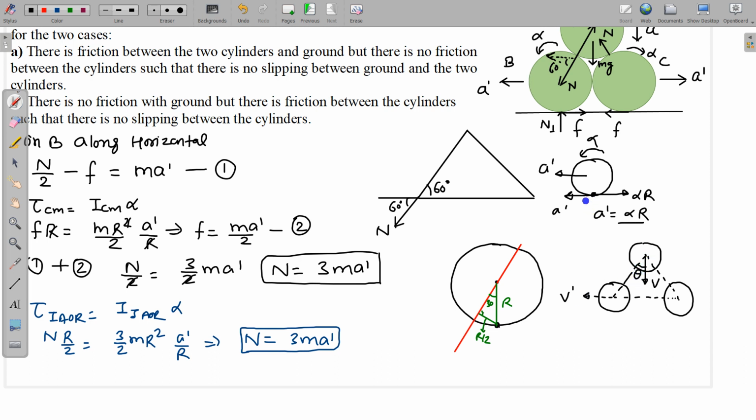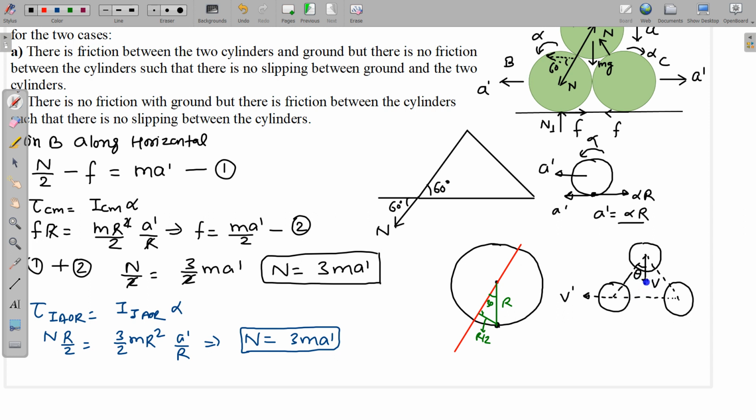This angle at the initial instant will be equal to 30 degrees, but as these are moving, this angle will change because this distance will change. So at a general instant, suppose this angle is theta, and we are supposed to find the relation between their velocities, let us say v and v dash.